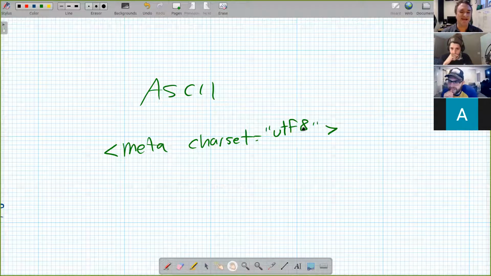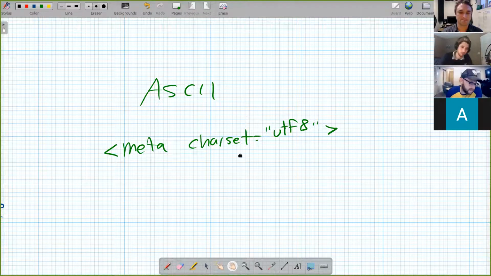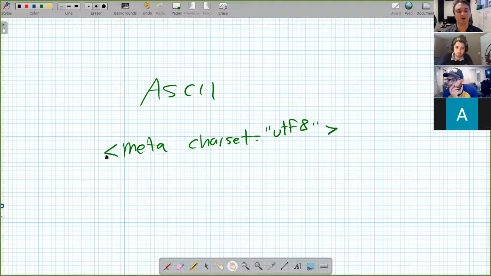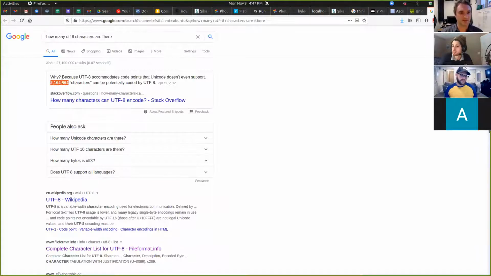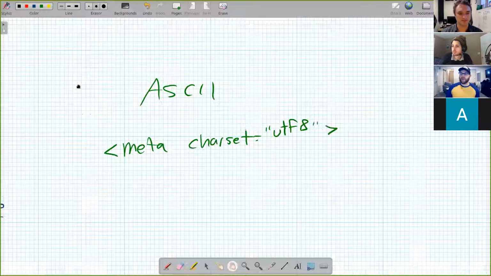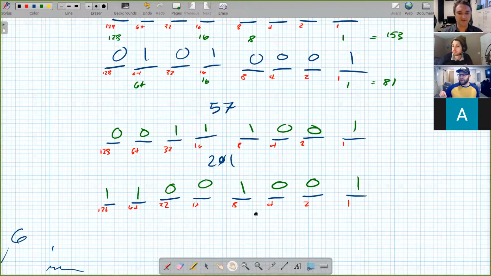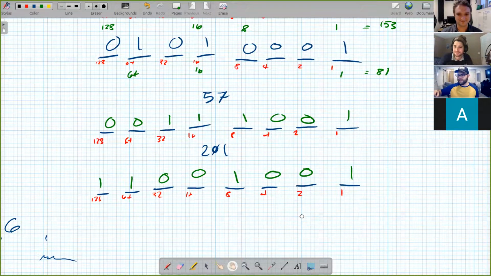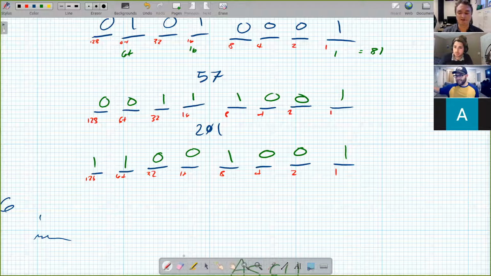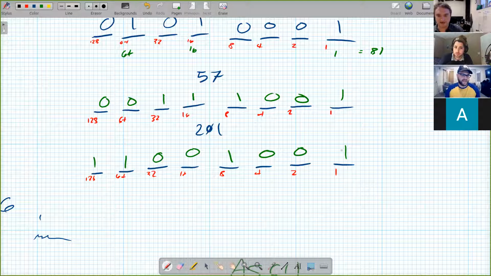Any guesses what that 8 is in UTF-8? 8 bytes. 8 bytes to represent every character in UTF-8. Not 8 bits though, right? So it's 8 bytes, which is 64 bits. So 2 to the 64th then.